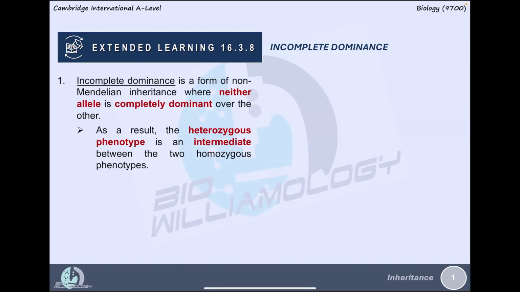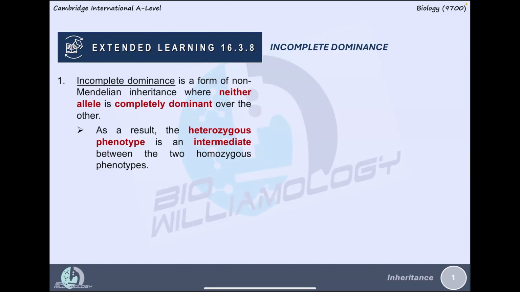There is no intermediate. The offspring actually show the characteristics of the phenotype from both parents. However, in incomplete dominance, the heterozygous phenotype is an intermediate.